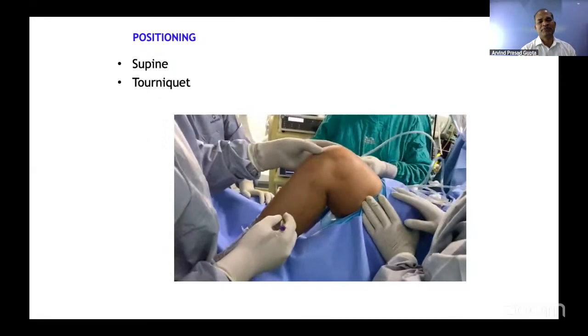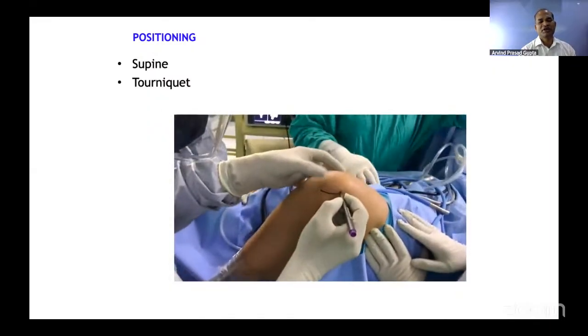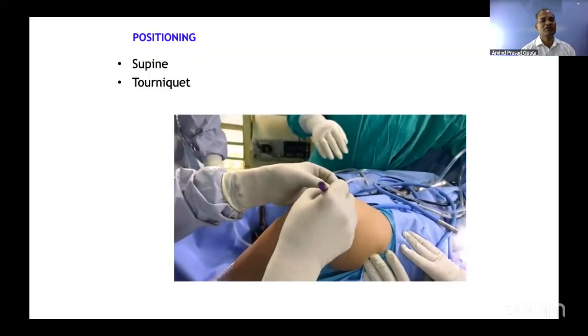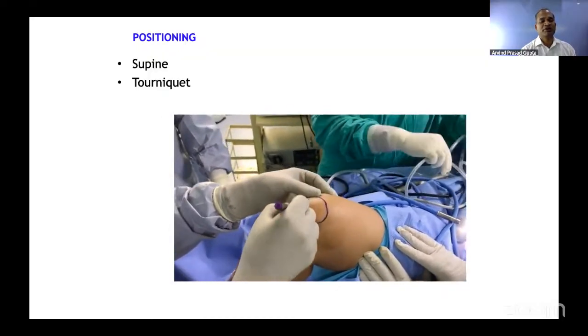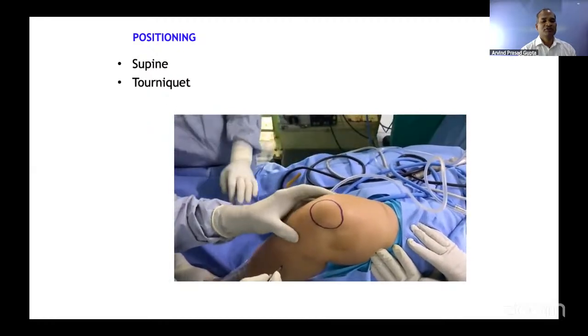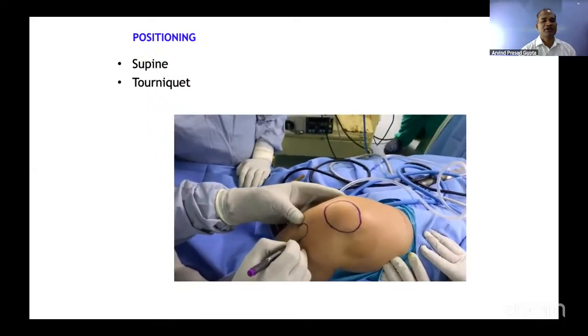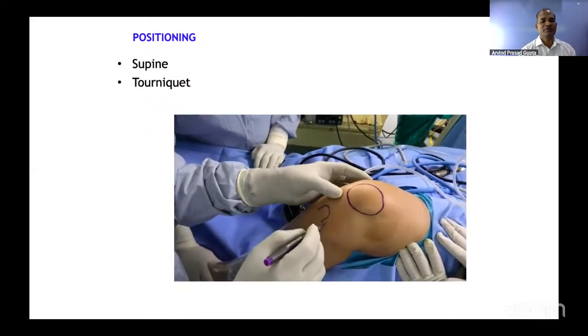And then before making the portal incision, you must do all this landmark marking, particularly for the initial days, because many a time your surgery goes longer in duration and the knee becomes swollen, and identification of anatomical landmarks becomes very difficult.